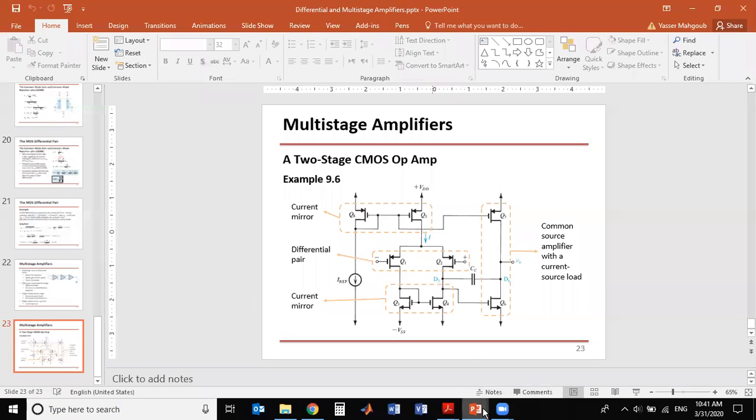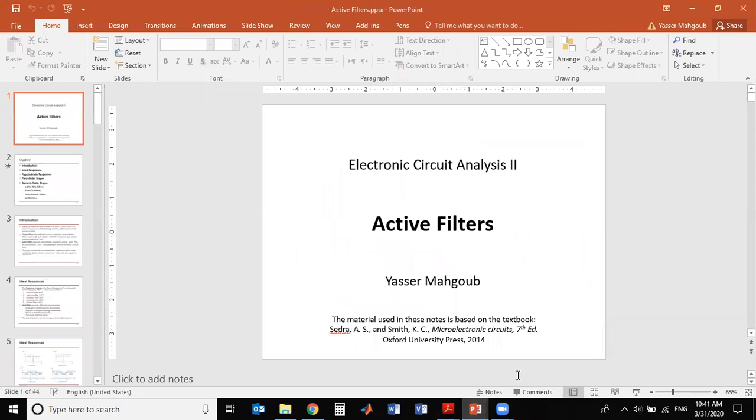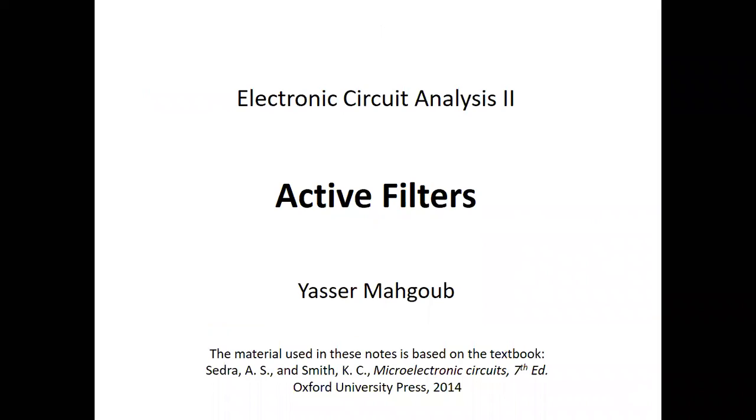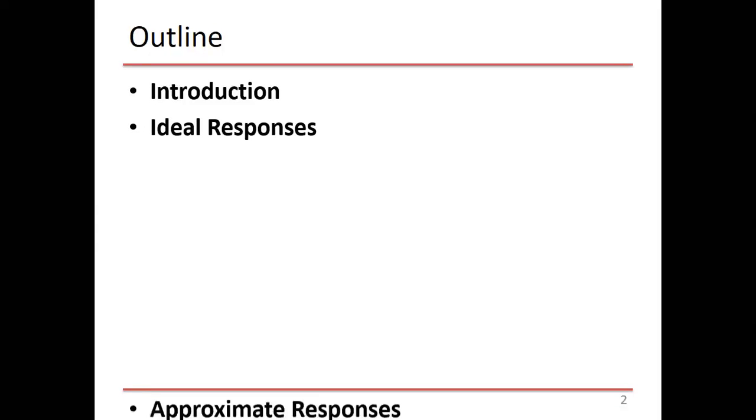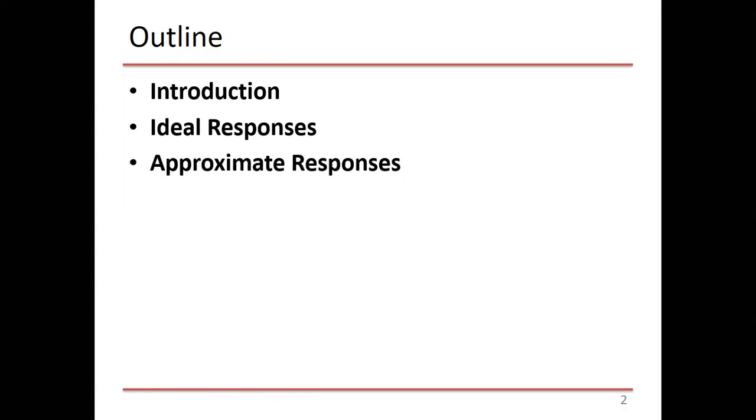Okay, so let's move to a new topic now, which is active filters. In this topic, we are going to talk about, first of all, an introduction to active filters, ideal responses of filters, realistic or approximate or practical responses of filters.